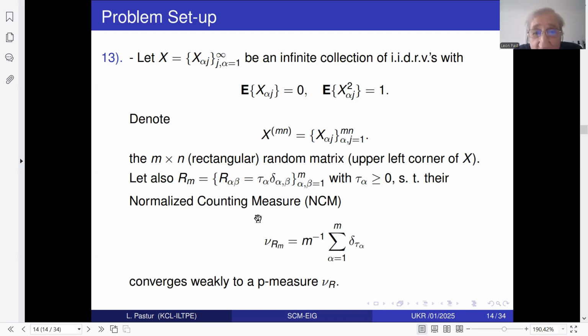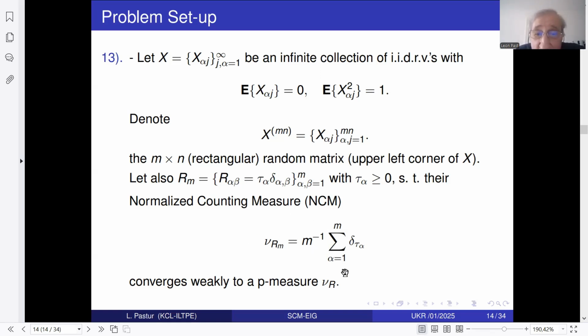And we introduce an important thing which will appear in many instances below. This is the normalized counting measure of these taus, or eigenvalues of our matrix R. What is it? This is a measure. If you take an interval of the real axis and ask me the value of this measure corresponding to that interval, it will be the number of taus falling in that interval divided by the total number.